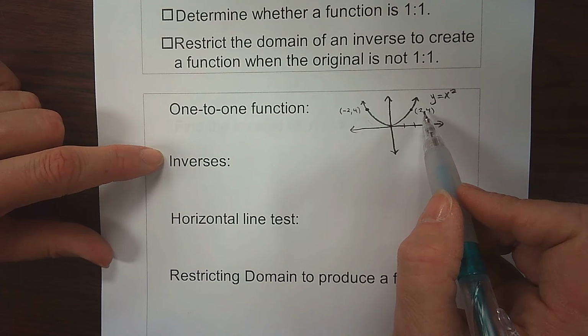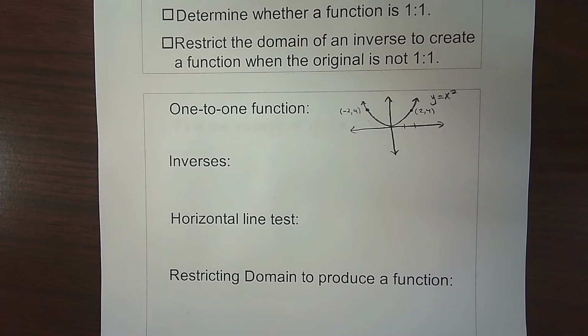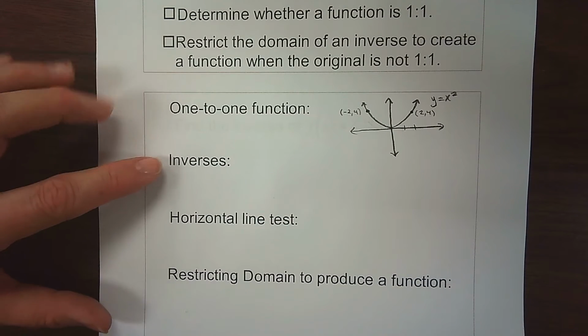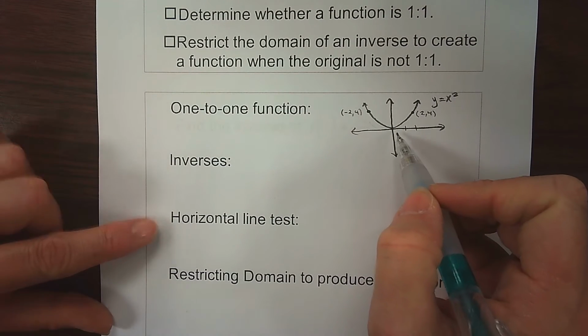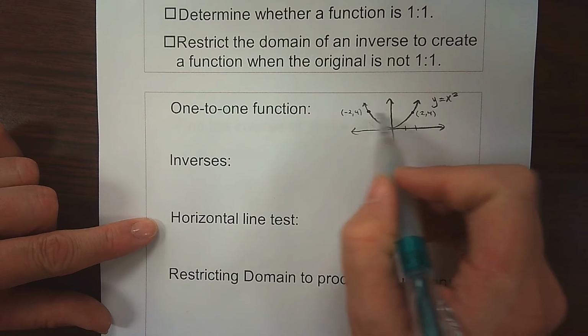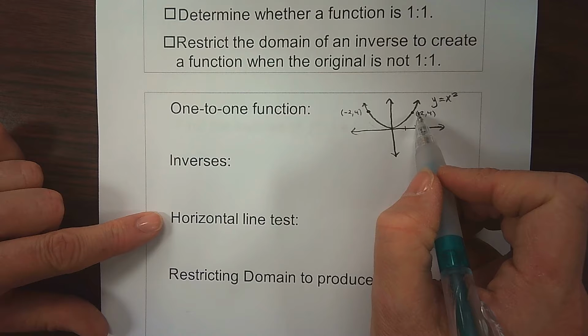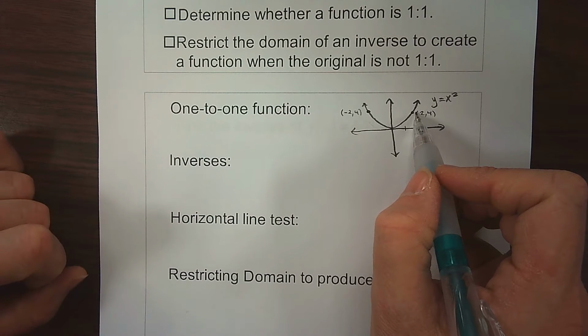So I do have the idea of inverse here. What's an inverse of a function? Well, an inverse means essentially that you've interchanged the x and the y, the role of the x and the y. All right, so if that's the case, I'm using the horizontal line test to tell whether or not the original function is one-to-one, but I can also use it to tell whether or not the inverse of that function is itself going to be a function.